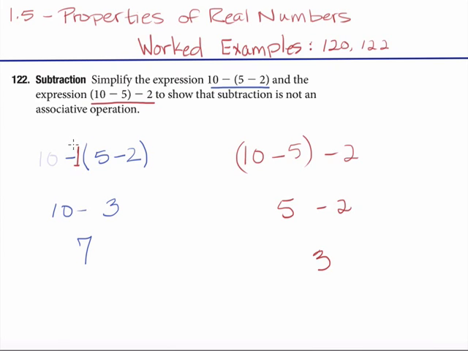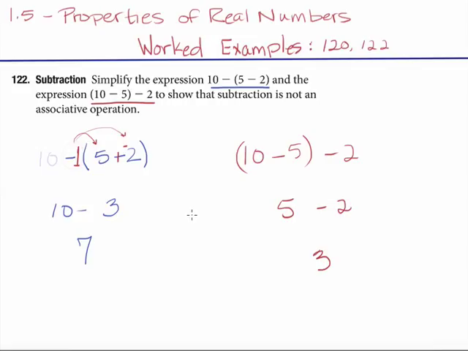I need to distribute the number -1 across the sum 5 plus -2. I won't go into any more detail about that here because it's really a topic for another lesson. But suffice it to say, because I'm subtracting all of this from 10, I can't just change the order I do my subtraction in. Subtraction is not an associative operation.